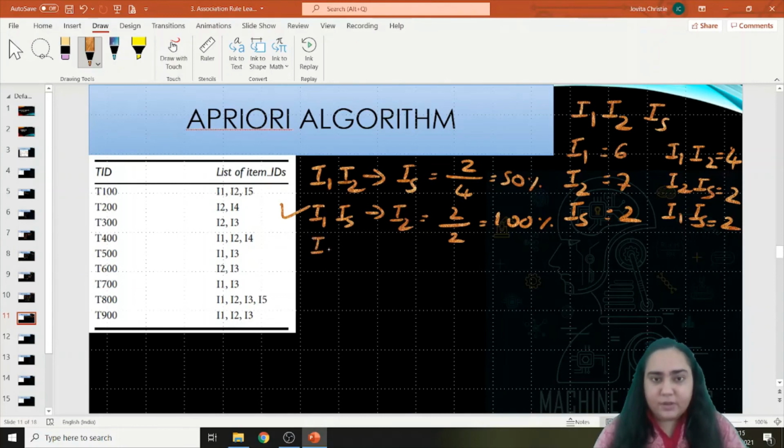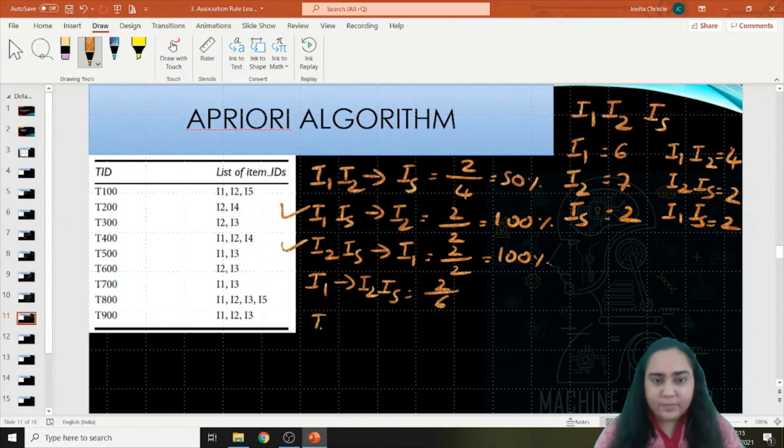Next, we have I2 and I5 given I1. So this will be 2 by I2 and I5 together. This is 100% as well. So this is also interesting. Next, we just invert all this. So we will have I1 given I2 and I5, which will make 2 divided by 6. This is not included.